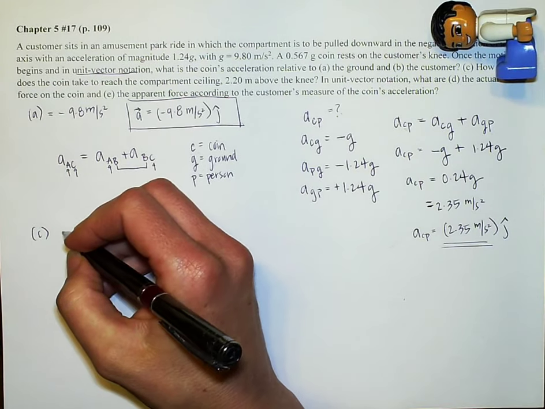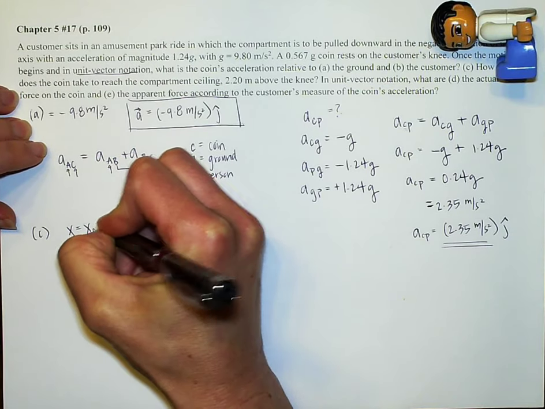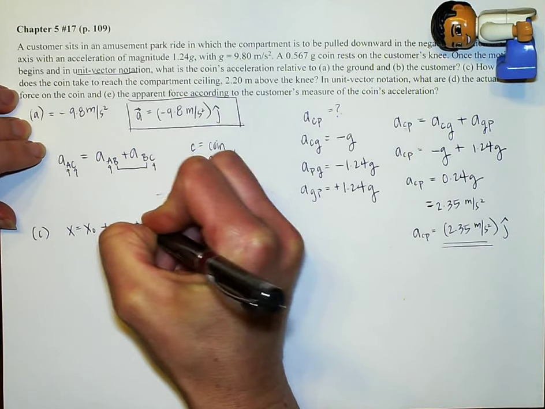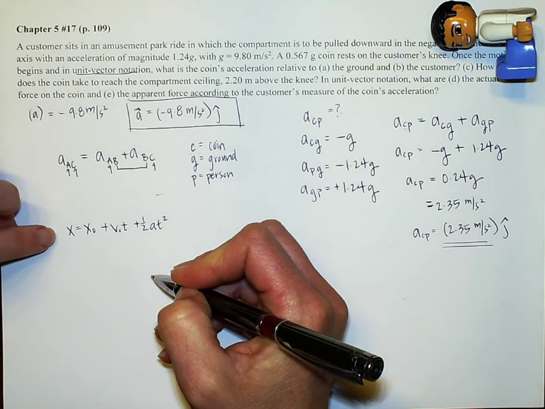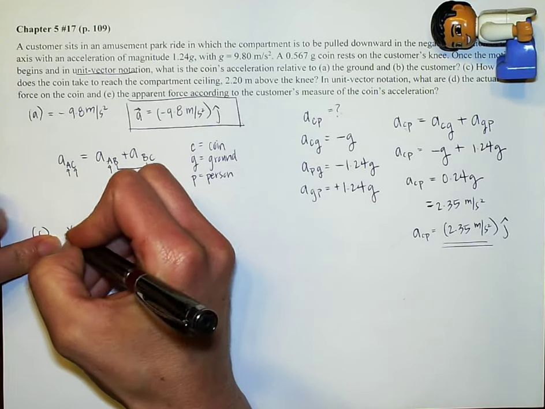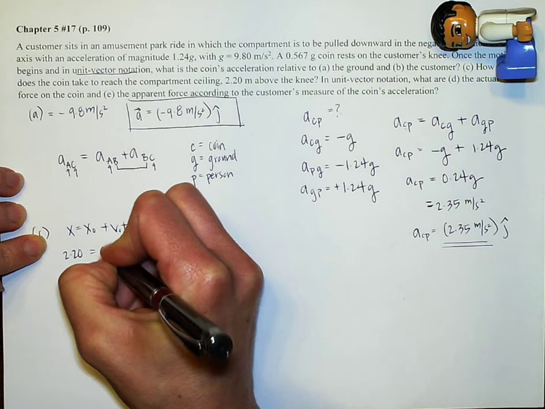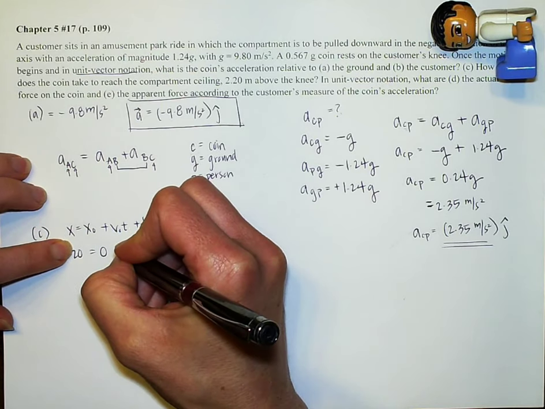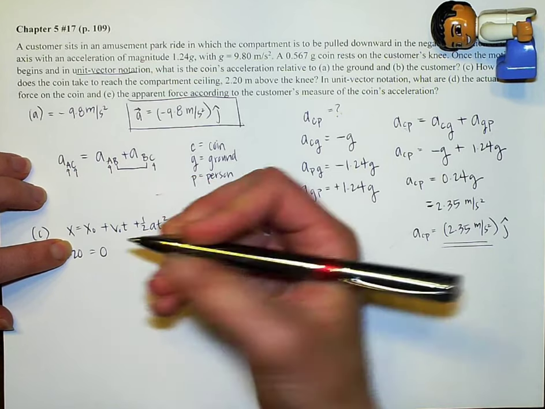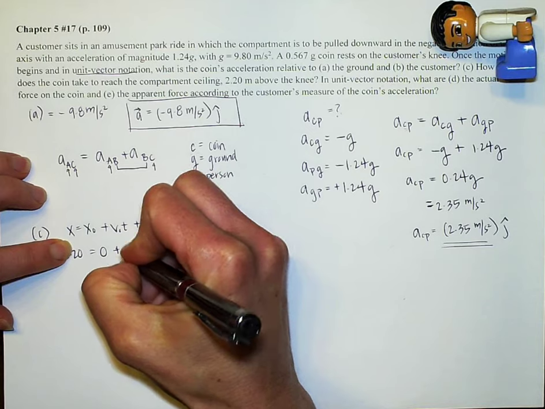So for this, I know that x equals x naught plus v naught t plus 1/2 a t squared. And I'll be using these all in the y direction. And so we're going to end up at 2.20 meters above. We started at 0, so that we know the time. Our initial velocity is 0 because we just started from rest on the customer's knee.